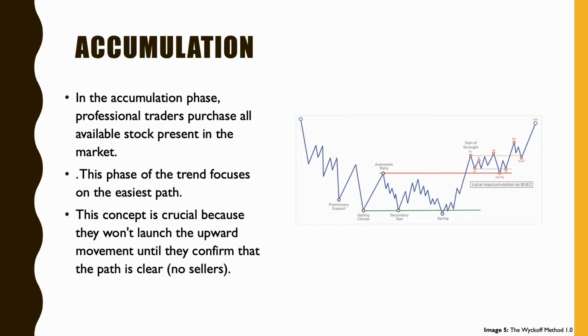During this accumulation range, the market maker will test the balance of supply and demand. What will he do? He will pump the price up to see at what level exactly the supply becomes stronger than the demand. And when he reaches this level, he will push the price down in an effort to get the uninformed traders, or the weak hands as they are called in Wyckoff theory, to sell their asset.